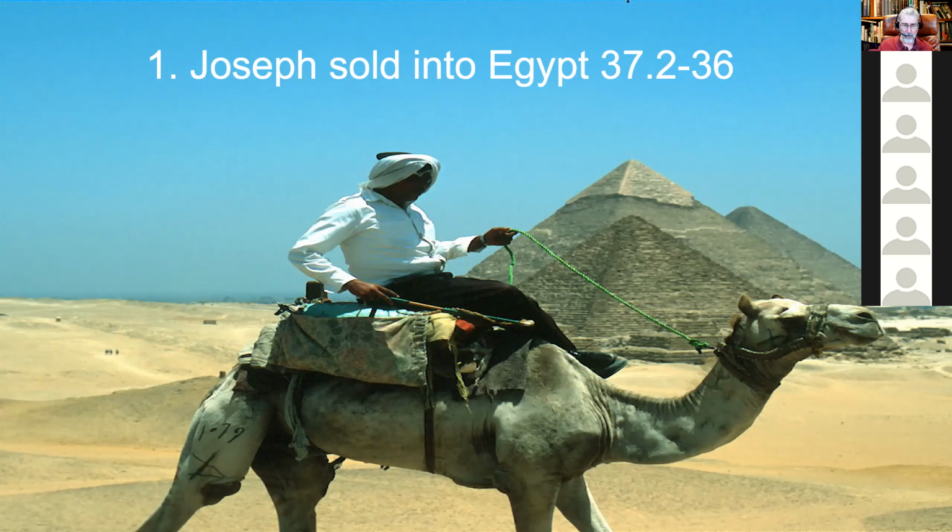And he sent the boys north to a place about 20 miles north of Jerusalem called Shechem. Shechem is in the Central Mountains, again, right on the Patriarchal Highway. And Joseph went to see how things were going with the boys and with the flock.